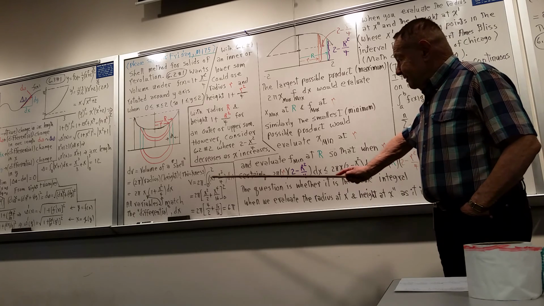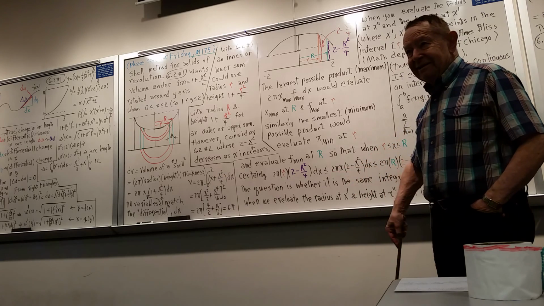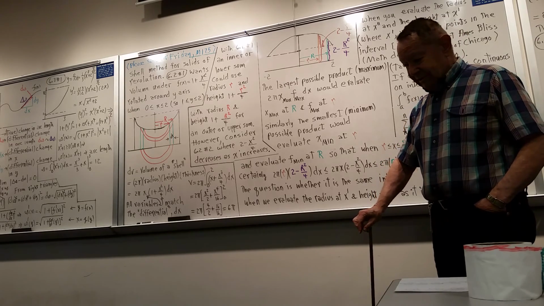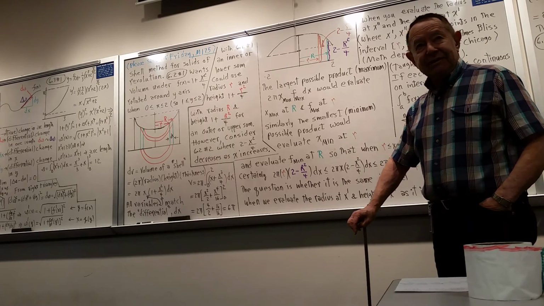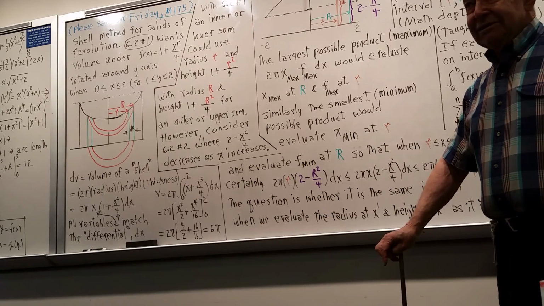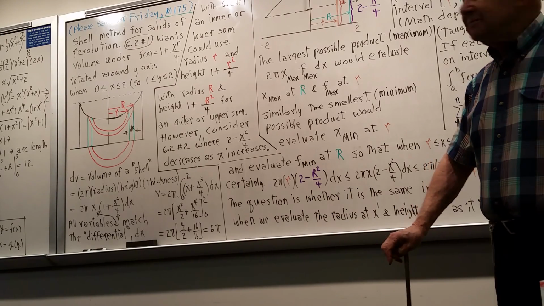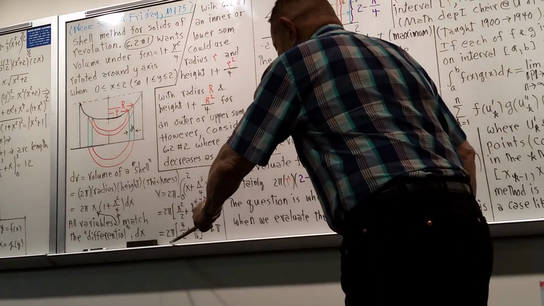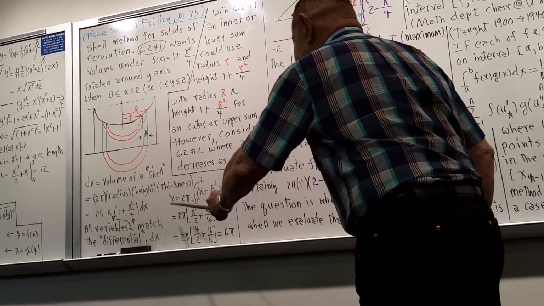Of course, you cannot always get an antiderivative, and what you do then is the subject of one of the sections in chapter 8, which we'll get to later this spring.